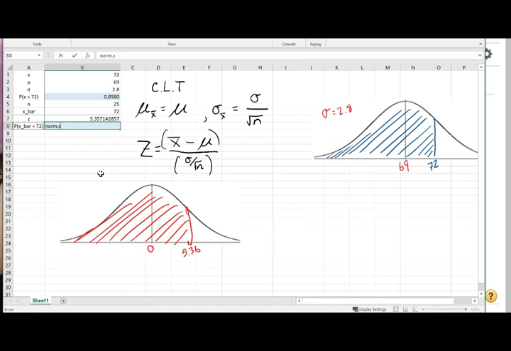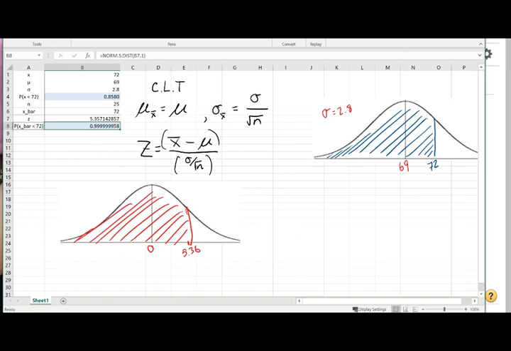So norm.s.dist. Oh, don't forget the equal sign. And we need to tell Excel what our z-score is. It's here in B7. And for the cumulative question, always 1, always yes for continuous data.